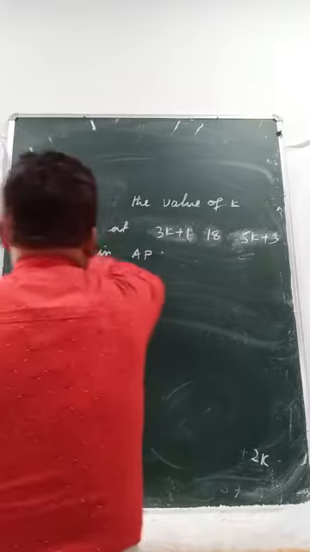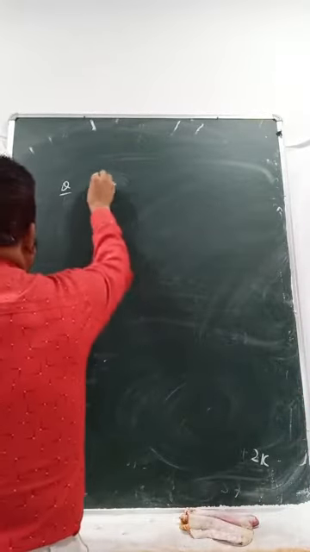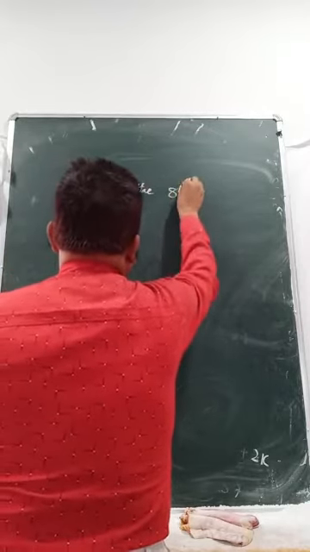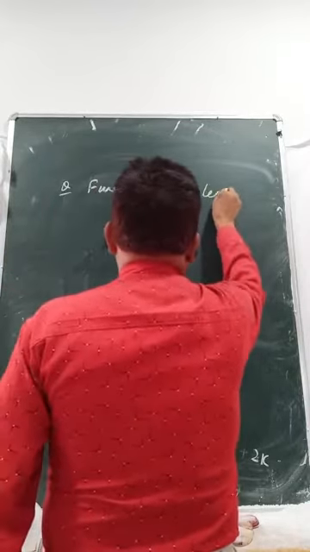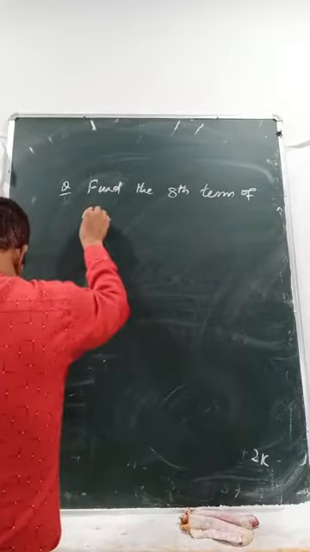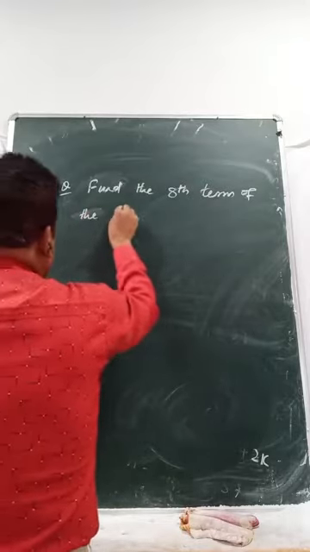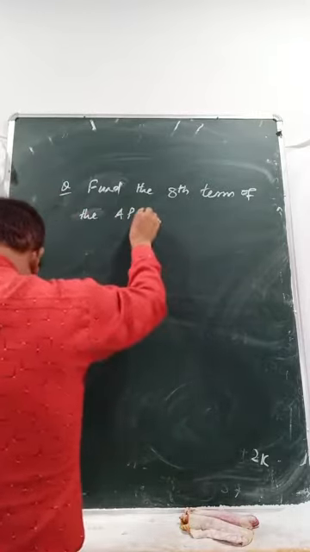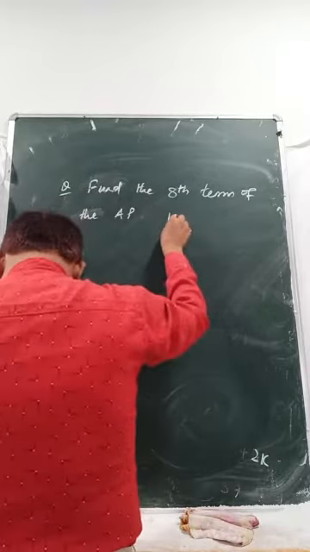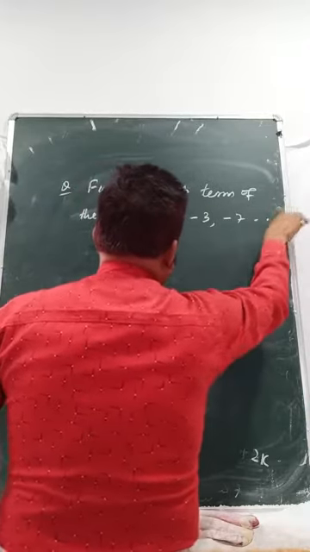Suppose find the 8th term of the AP that is given: 1, minus 3, minus 7, like this.